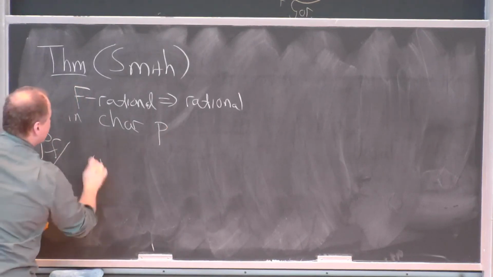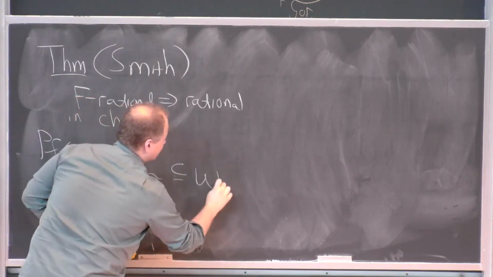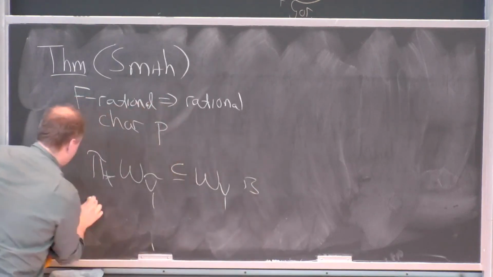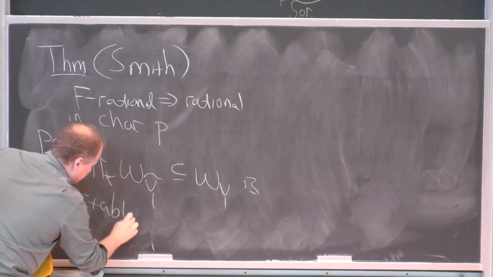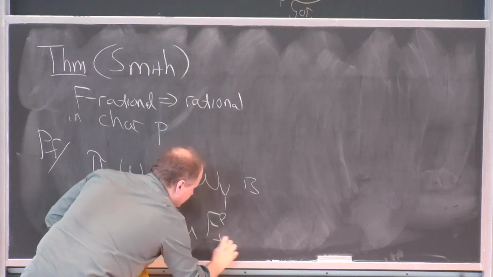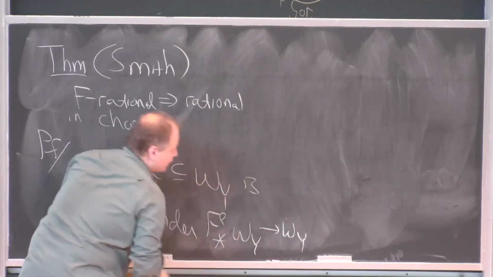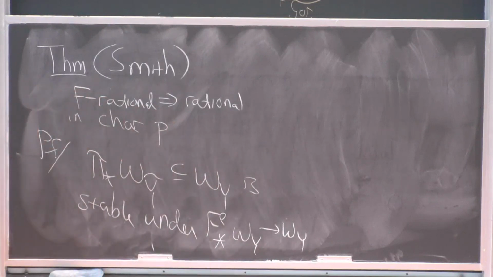The proof is that pi lower star omega y tilde inside omega y is stable under F lower star omega y to omega y. And the proof of that fact is if I have my resolution, there's a square I can draw where I have Frobenius on the resolution and Frobenius on the base.